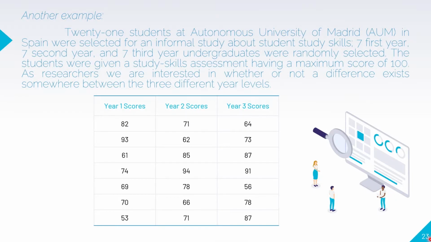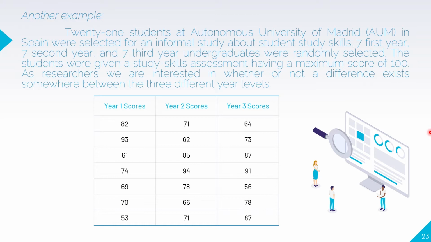Next, another example. 21 students at Autonomous University of Madrid, or AUM, in Spain were selected for an informal study about student study skills. 7 first year, 7 second year, and 7 third year undergraduates were randomly selected. The students were given a study skills assessment having a maximum score of 100.